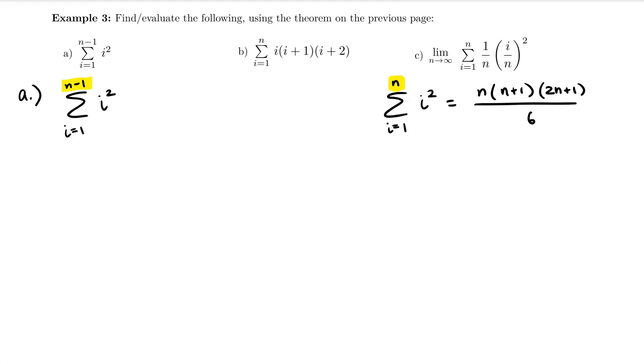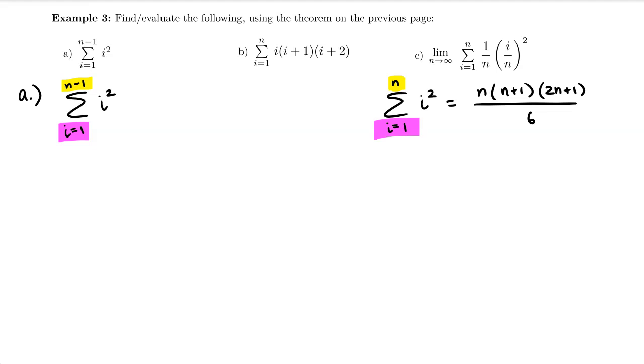So what we can do is use this formula, and instead of plugging in n, we're going to plug in n minus 1, since that's what our upper index is. Notice that our lower index for both of these is the same, the only difference is the upper index.